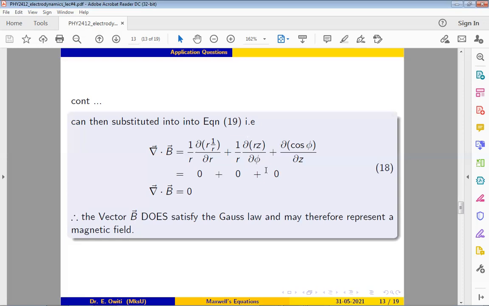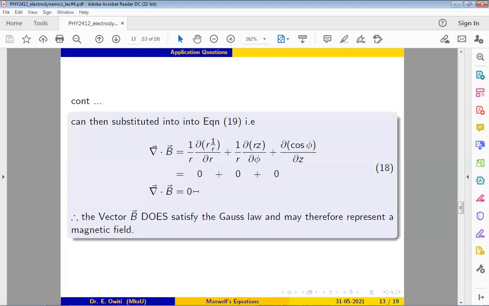The middle term, we are told to differentiate with respect to phi. But the term we are differentiating does not have phi. So it is equivalent to differentiating a constant, and that gives you 0. Similarly, the third term, we do not have z, and so we are differentiating a constant, and that gives you 0. So then the final answer is the divergence of B is equal to 0.